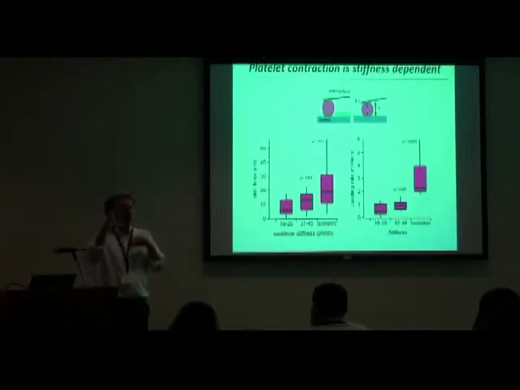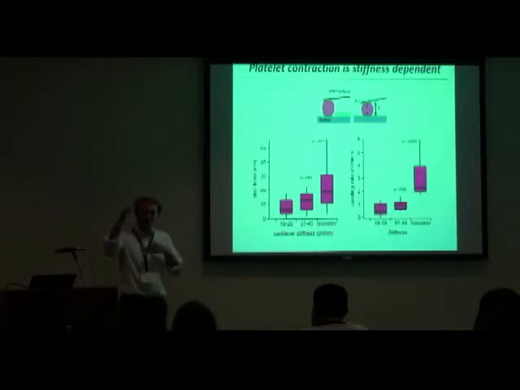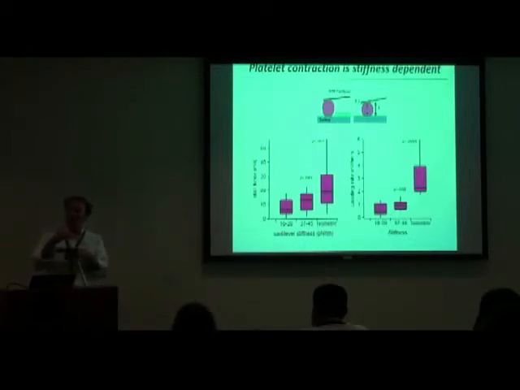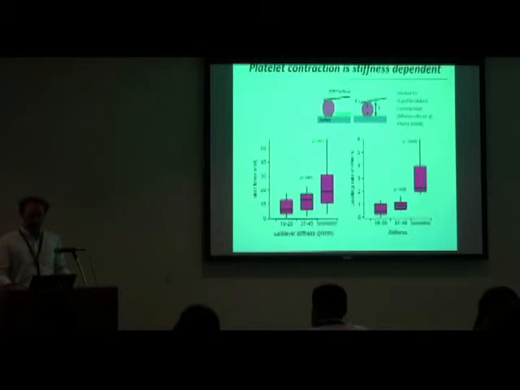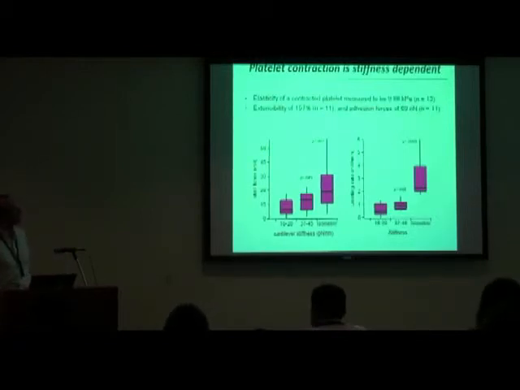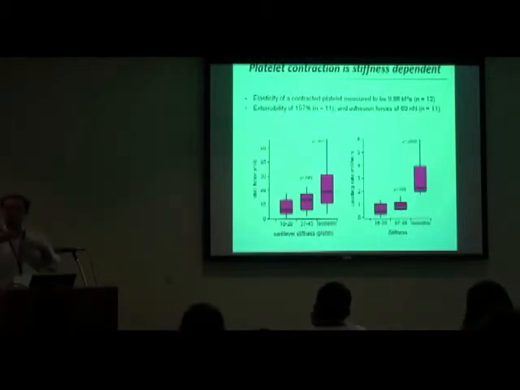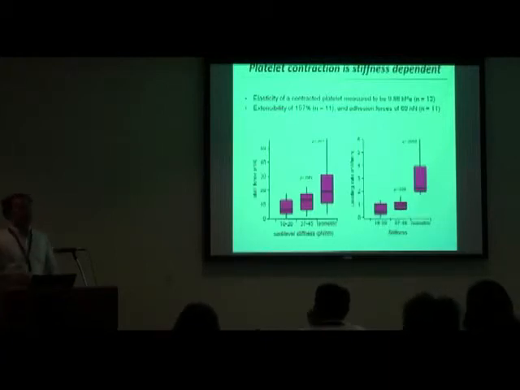If you have a platelet that can pull harder on a stiffer clot, you have a greater chance of uniform contraction of that clot despite it being heterogeneous. So that's our thinking for why this might be of interest. We were able to measure the elasticity in this configuration, about 10 kilopascals, and extensibility. So even though it's contracted, it's extensible. It can be stretched without breaking.